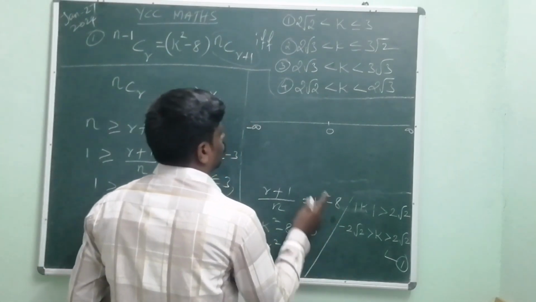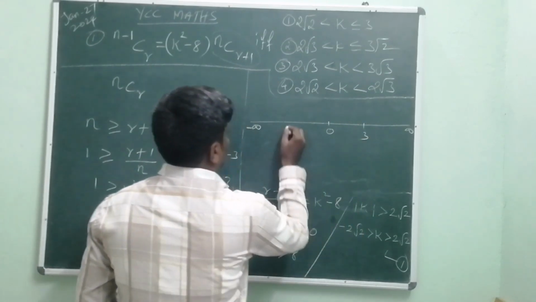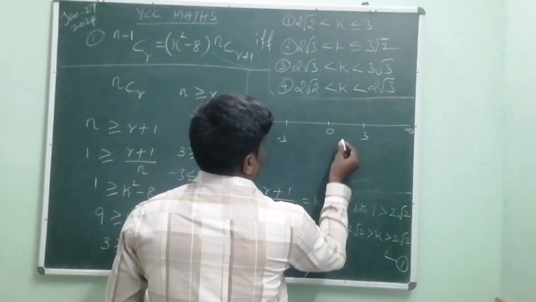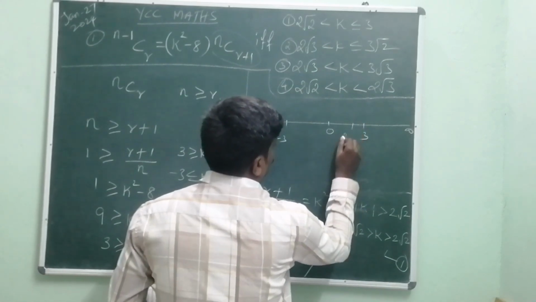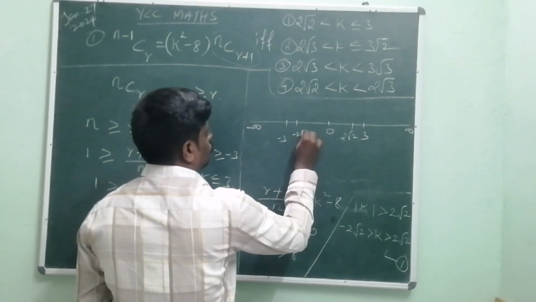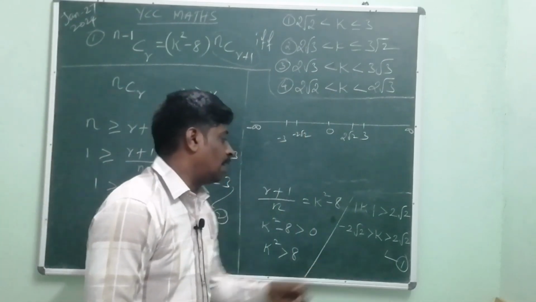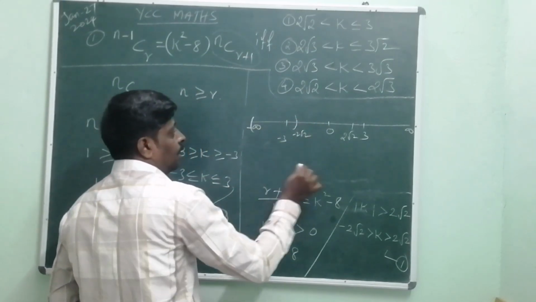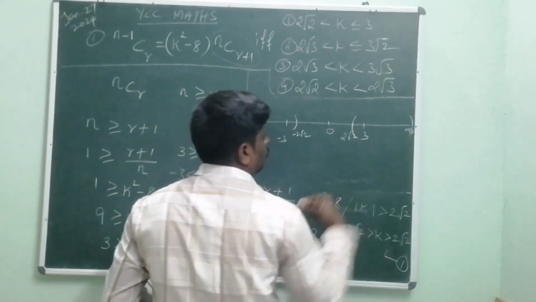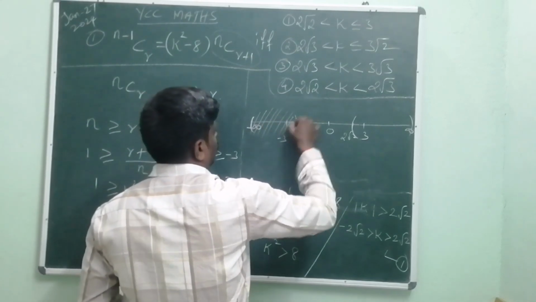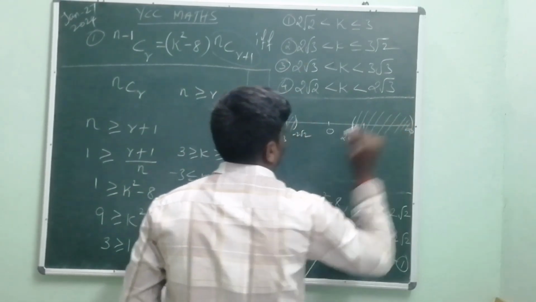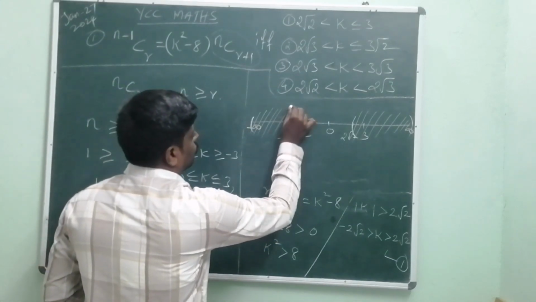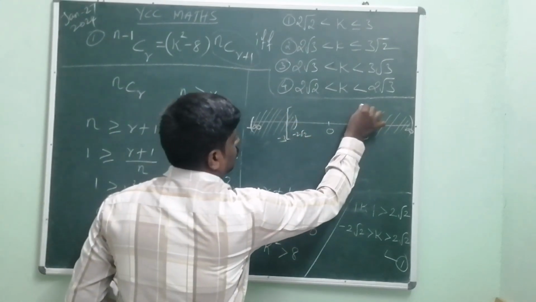Put minus 2 root 2, positive 3, and negative 3. 2 root 2 is between 0 and 3, with minus 2 root 2 on the other side. So result 1 says the value of k is from minus infinity to minus 2 root 2 and from 2 root 2 to plus infinity. And result 2 says the value of k is from minus 3 to plus 3.